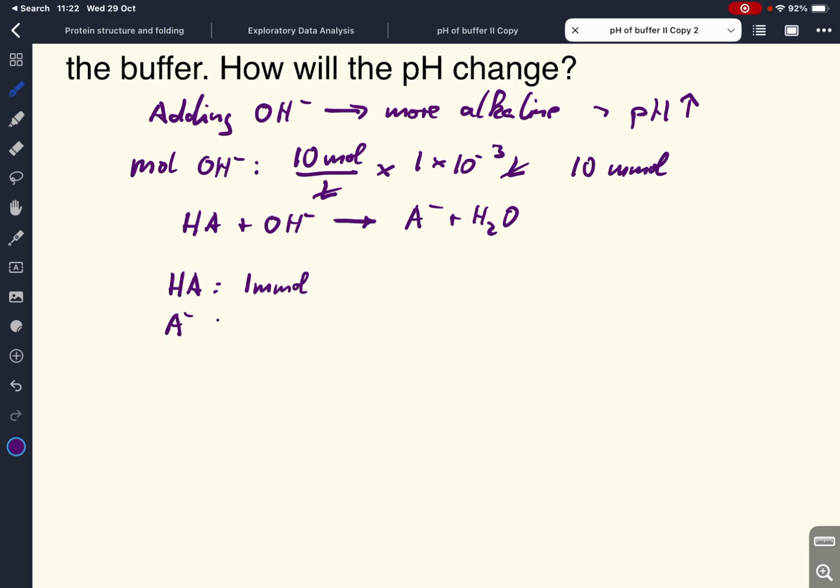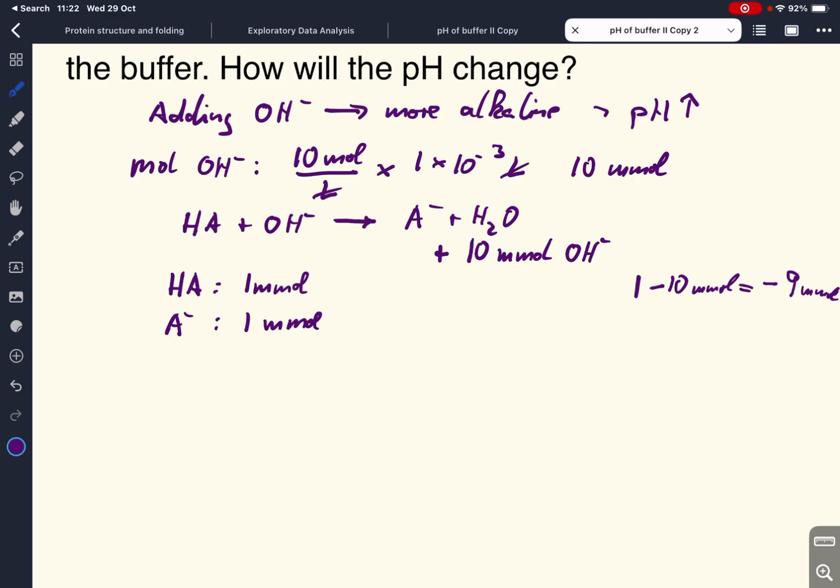Likewise, the A minus, we also had 1 millimole. And now we add 10 millimole of the OH minus. So what do we get? For the HA, we get 1 millimole minus 10 millimole, which gives us negative 9 millimole.